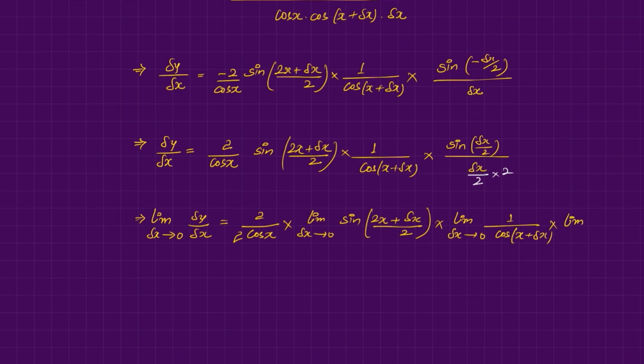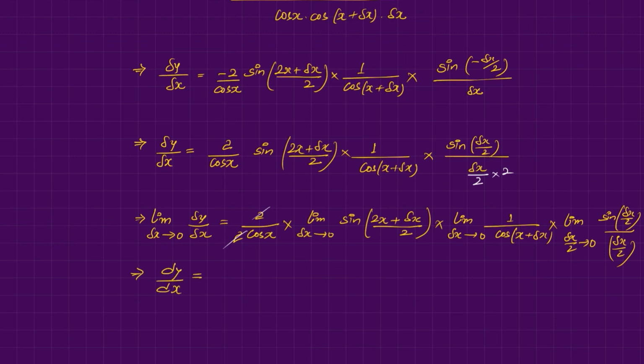Now as delta x tends to 0, so delta x by 2 also tends to 0, sine del x by 2 by del x by 2. So here as you can see, this particular portion is 1. Here I will put the delta x as 0, and here also I'll put delta x as 0. So here 2 and 2 gets cancelled, and on the left hand side I am having dy over dx.